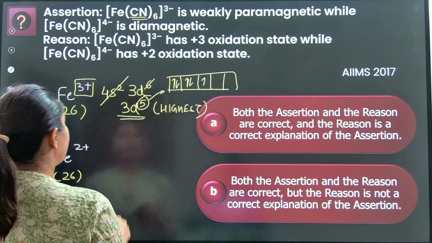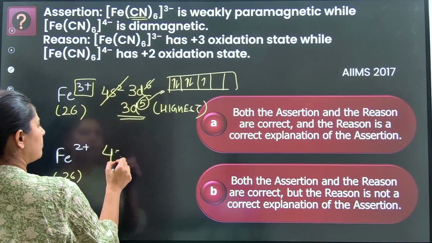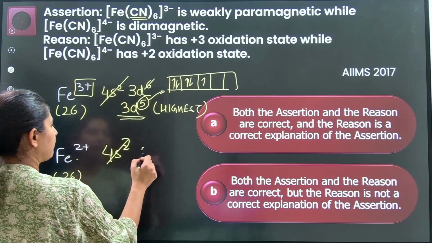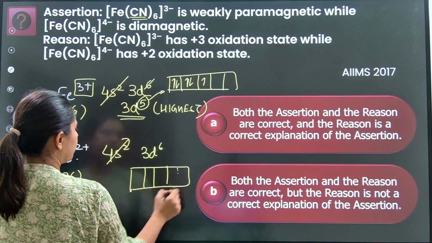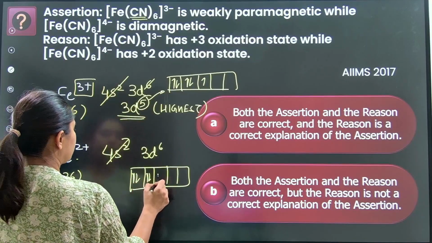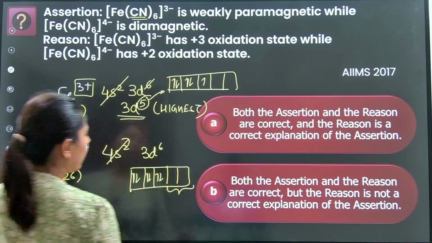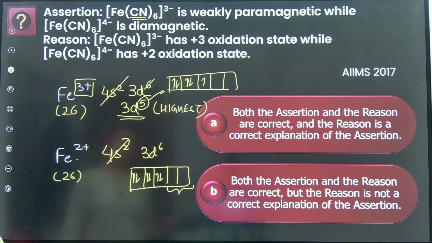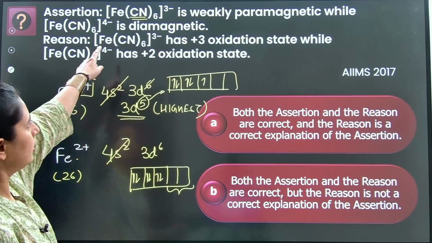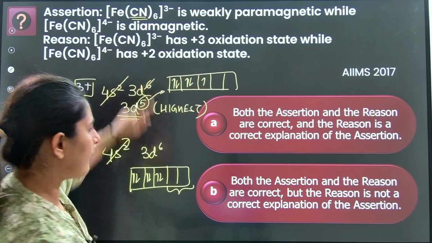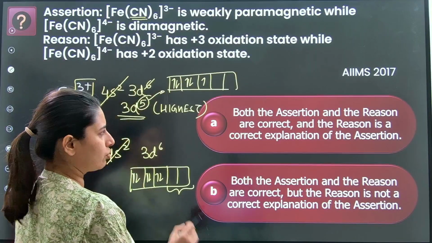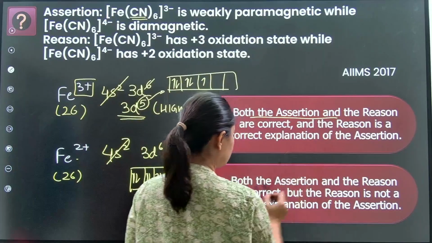Whereas only 4s2 is removed here and we would have 3d6. All of them will get paired in the presence of cyanide: 1, 2, 3, 4, 5, 6. So it is understandable that it is weakly paramagnetic. The other one is diamagnetic. Assertion is true.